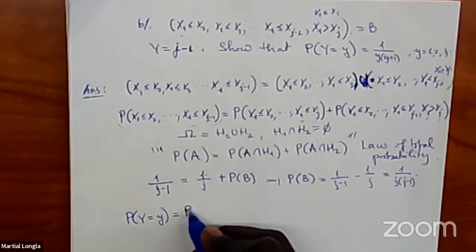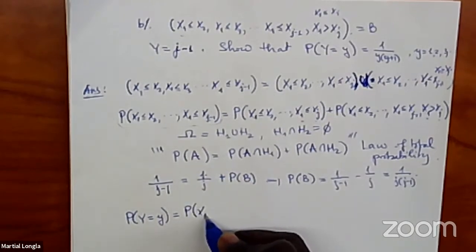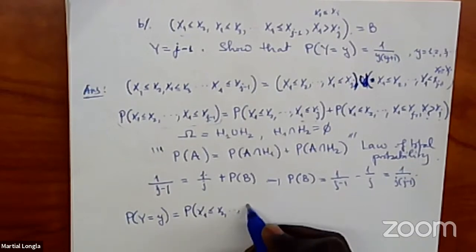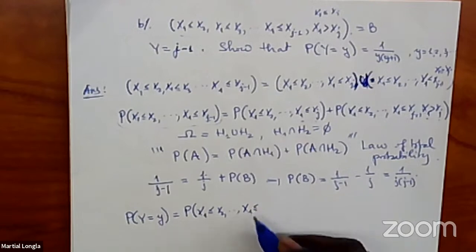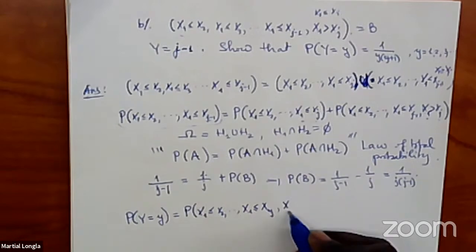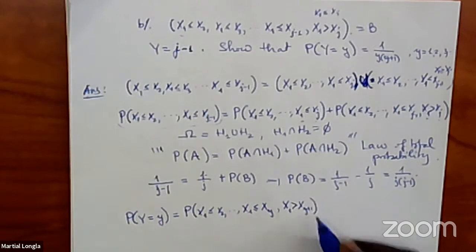It is the probability that x1 less than x2, x1 less than or equal to xy, and x1 larger than xy plus 1, right?